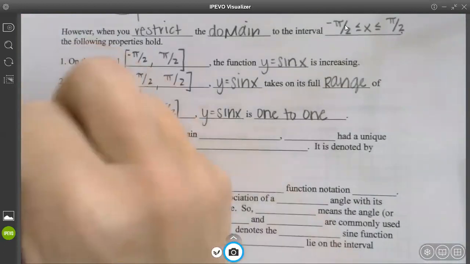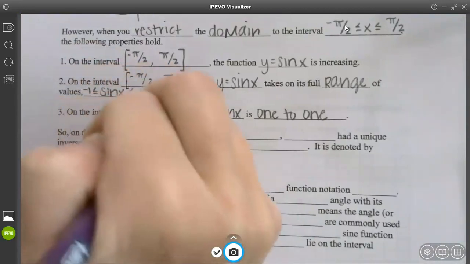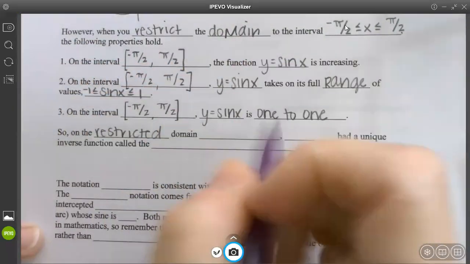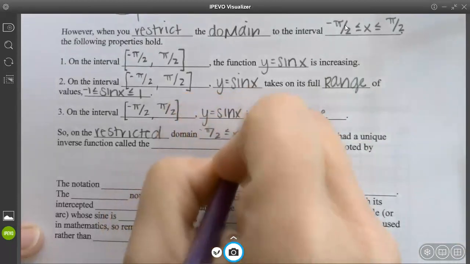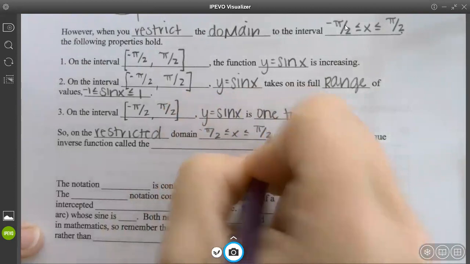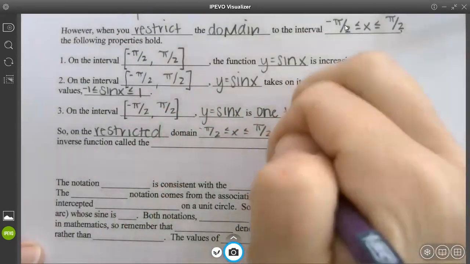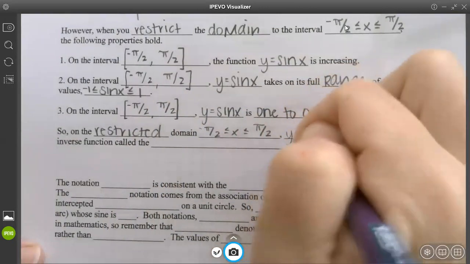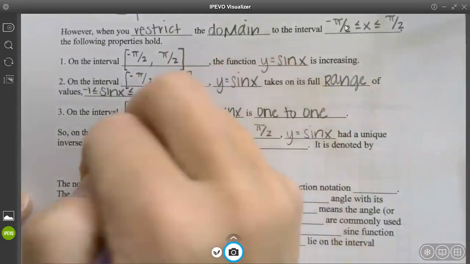So on the restricted domain of negative pi over 2 less than or equal to x less than or equal to pi over 2, y equals sine x has a unique inverse function called the inverse sine function.